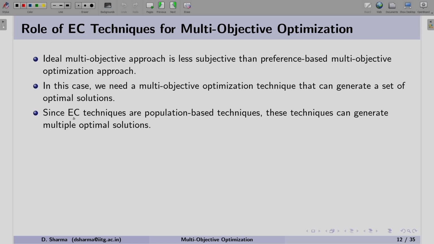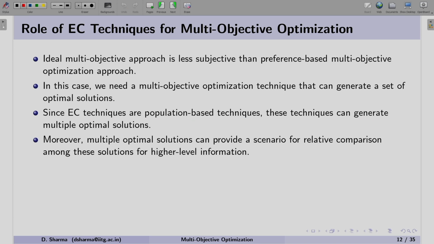Now, the point is, we have understood that EC techniques are population-based techniques. So, if we use these techniques in a proper way, they can generate multiple optimal solutions for the given problem. Moreover, these multiple optimal solutions can provide a scenario for relative comparison among the solutions for higher level information.